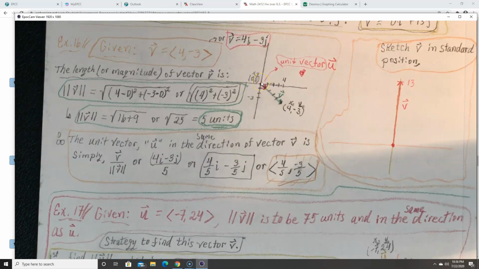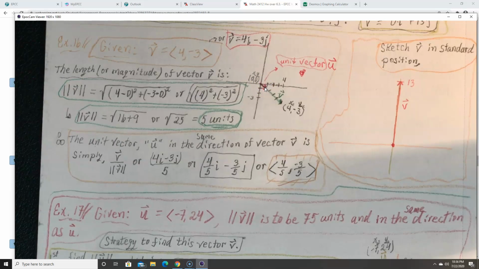You move 4/5 of a unit over. That's not even one whole unit. 2, 3, 4. 4/5 of these i vectors. So 4/5 is less than 1. It's not even one unit, one of these i vectors. It's 4/5 of it.